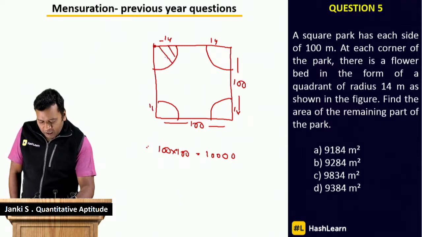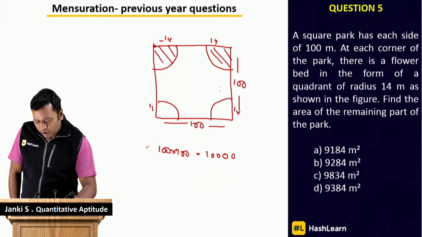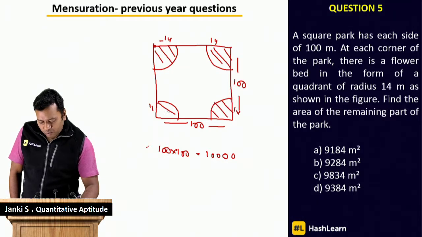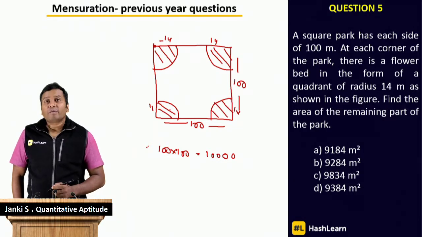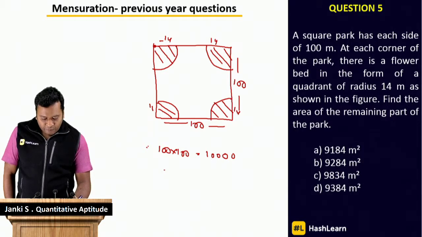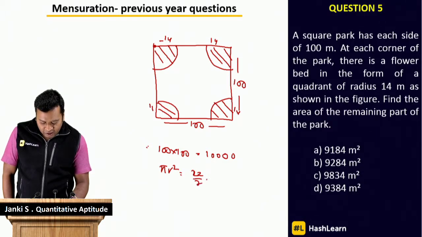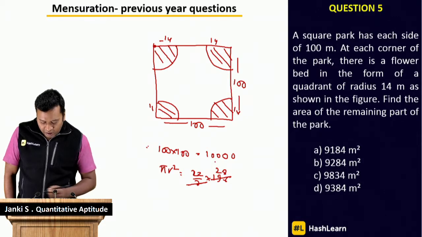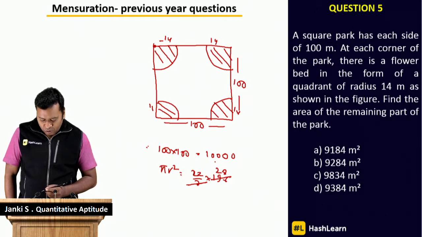So that represents I have to remove these 4 quarter circles. If you consider these 4 quarter circles, that means that is equivalent to a circle with radius 14. So pi r square, I have to subtract pi r square from this one. Pi is 22 by 7, and 14 square is 196. Let's consider this value. So 28 is my value available. So let's do 28 into 22.